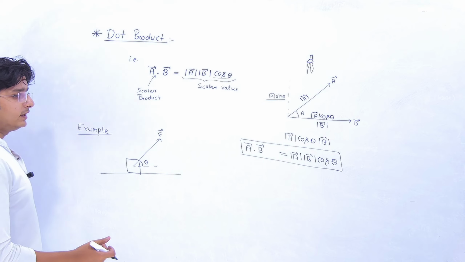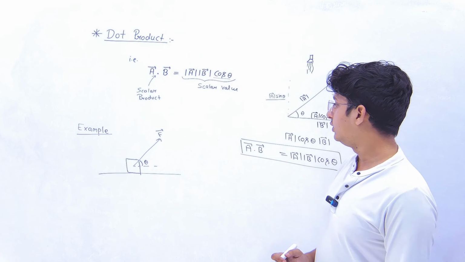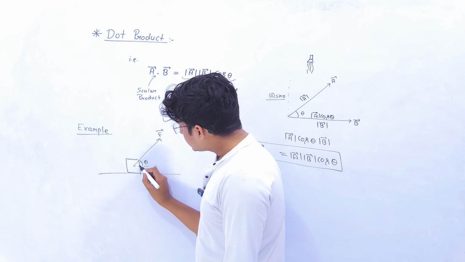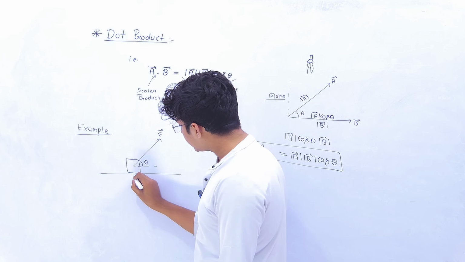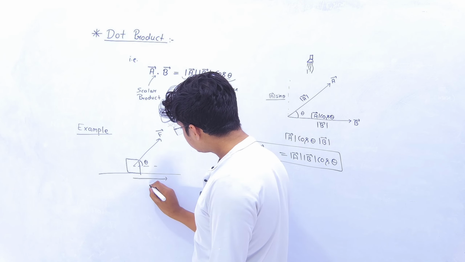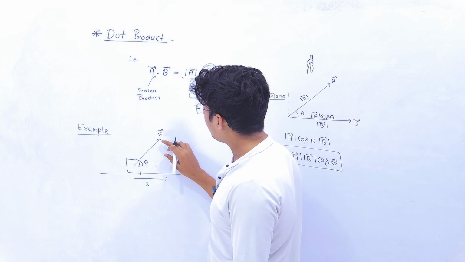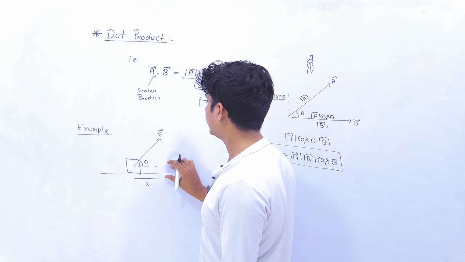So the work done is equal to the force into displacement. Now look here, the force acts on the box at some angle. So if the box is displaced in this direction, the whole force does not displace the box in that direction.